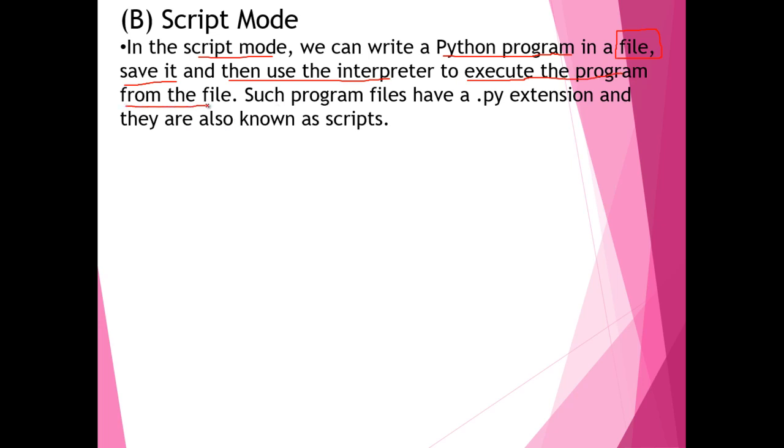I have written the entire program in the file, and now I have saved the file. Then when I execute that file, this file will be taken by the interpreter, and the interpreter will execute all the code written in that file line by line.